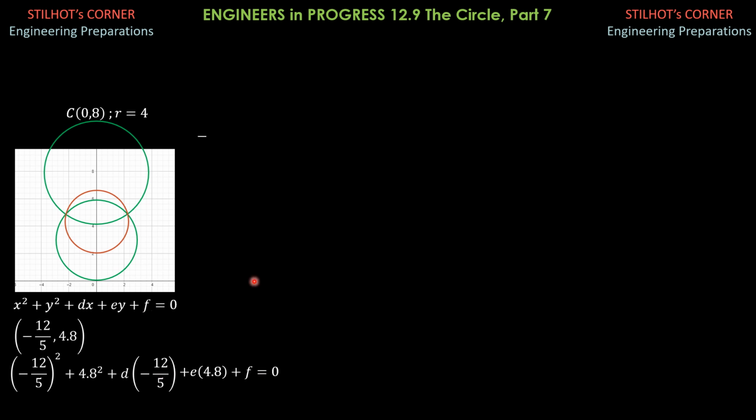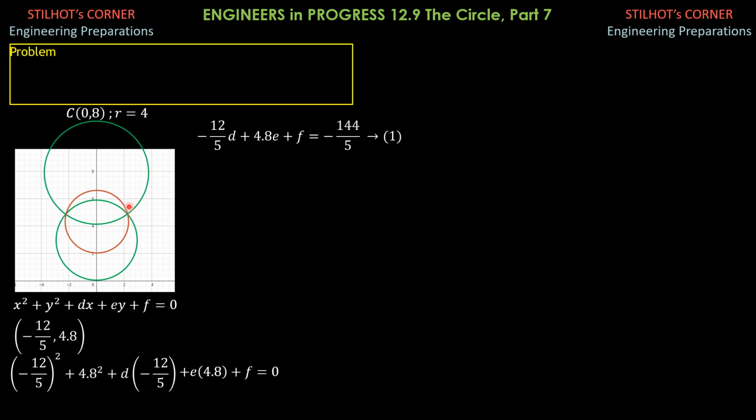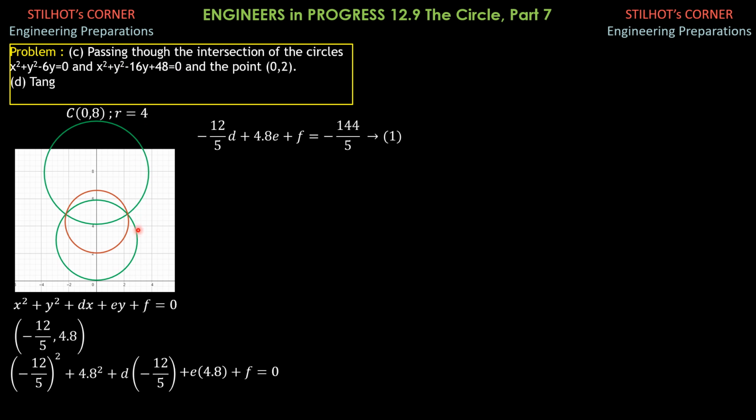Simplifying this equation, we have negative 12 over 5 d plus 4.8e plus f equals negative 144 over 5. Call that equation 1. If we substitute the other point, which is (12/5, 4.8), by the way, this is the problem from the preceding slides, so we have 12 over 5, 4.8.